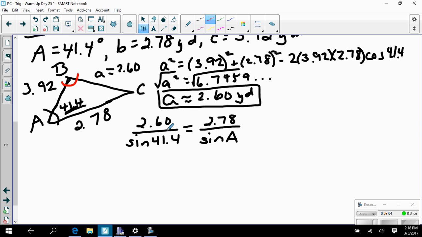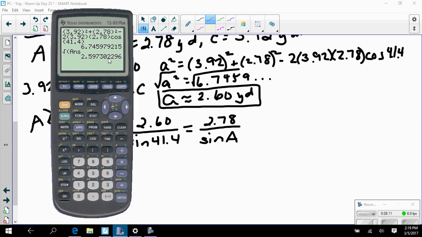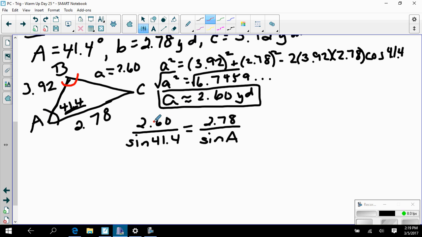I'm using a rounded answer right here, which really isn't going to give me the best possible solution. I really should use this big long number, and when I do my calculator work, I'm going to do that. So just as a side note, I'm really using that 2.59 dot dot dot number here.